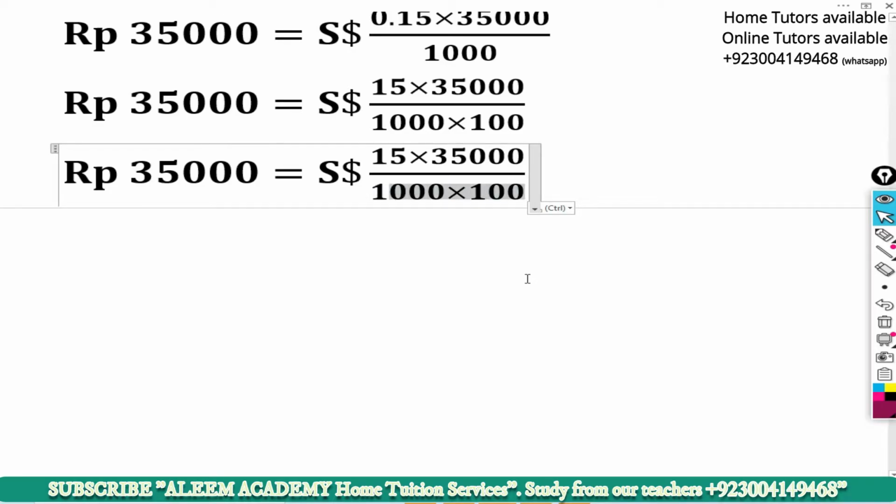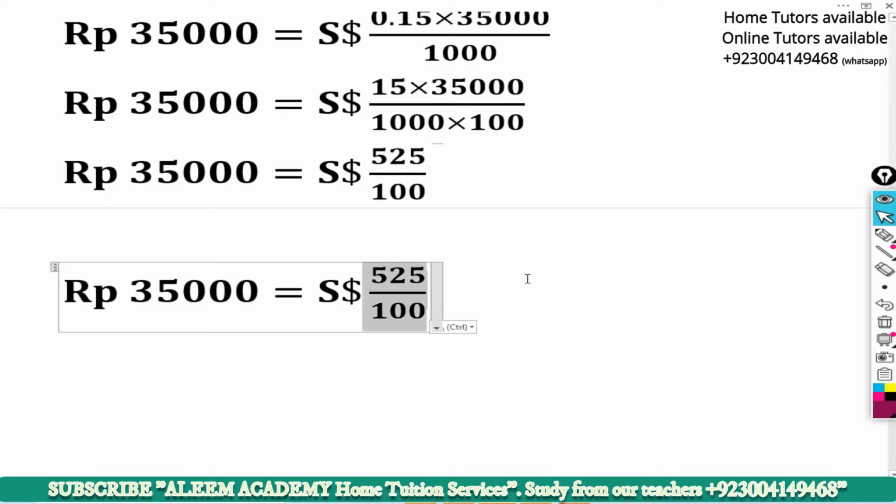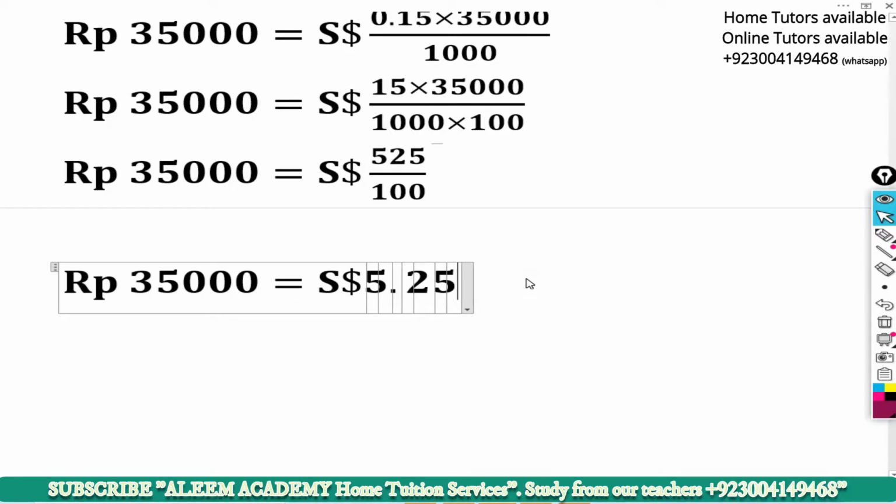You will get here 100, and you will get here 525, and then you can directly write down the answer, that will be 5.25. Alright, you got it. How easy question is this? And we have got this answer as 5.25 $.